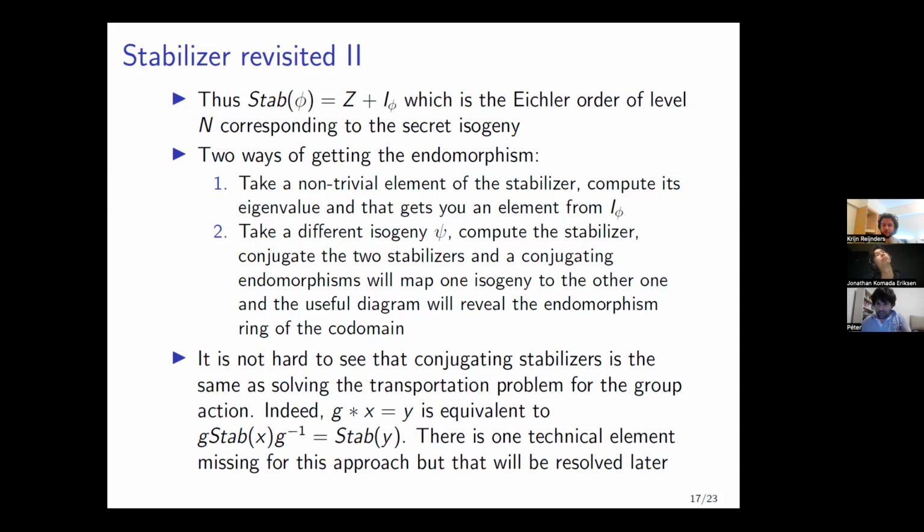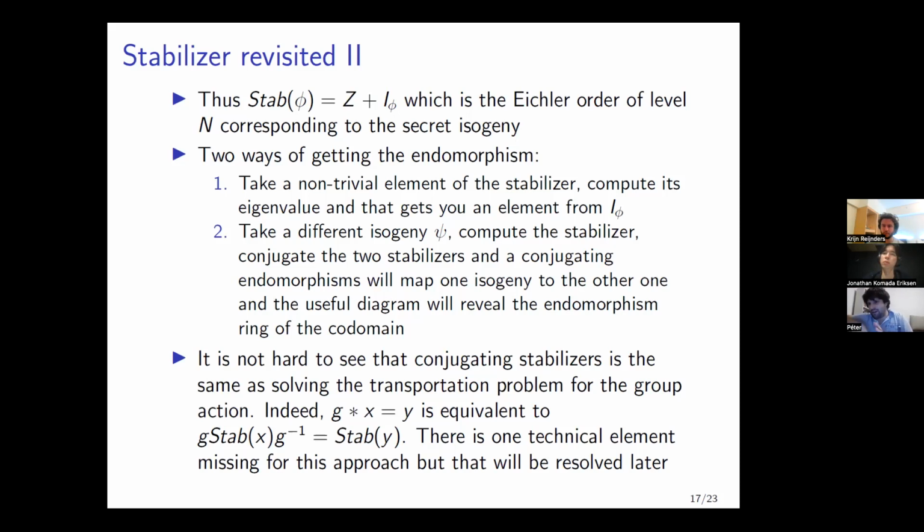I have two stabilizers. Those stabilizers will be conjugate, because each of them is conjugate to upper triangular matrices. And it's not so hard to compute an explicit conjugation between the two. Once I find an explicit conjugation, I already found an element that takes one kernel to the other one.